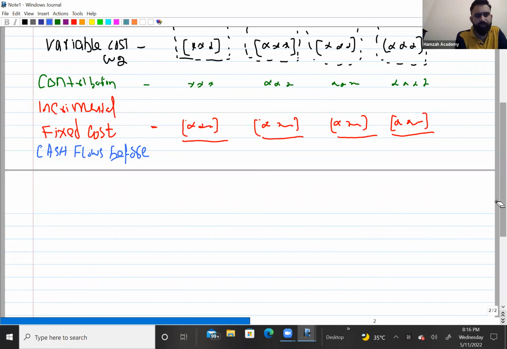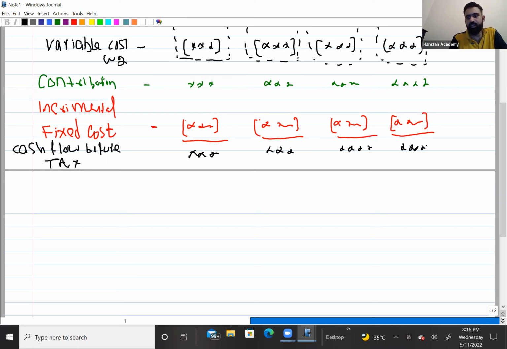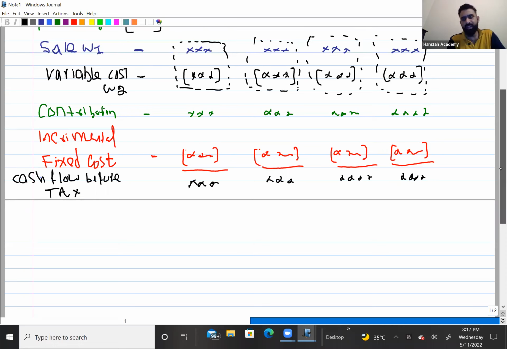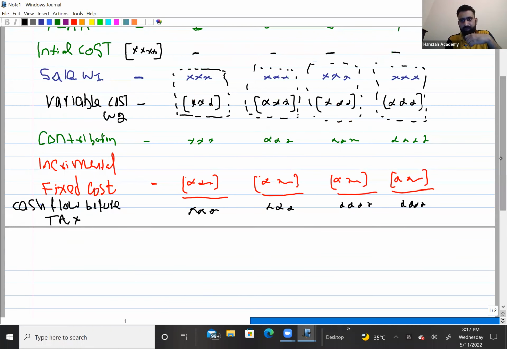Cash flow before tax in year 1, year 2, year 3, and year 4. Contribution minus incremental fixed cost. Any question?